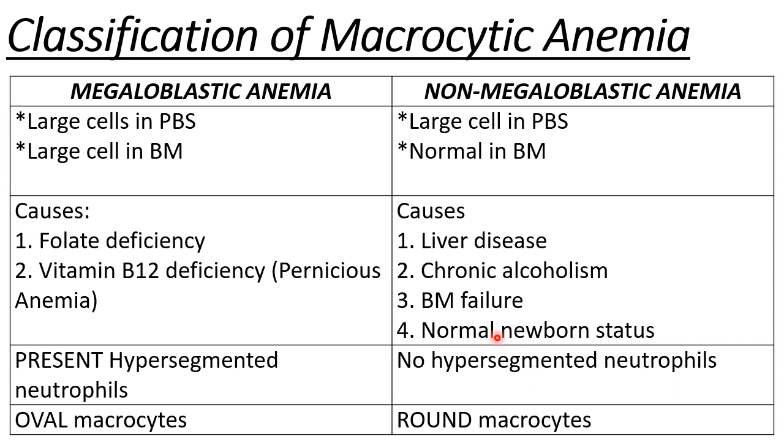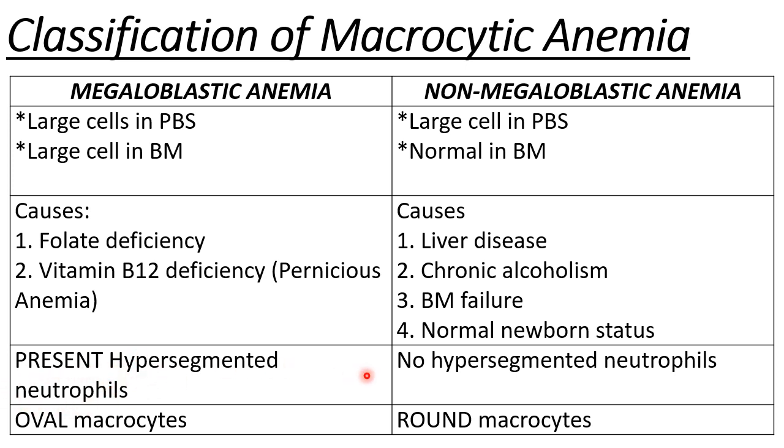Okay, dito naman tayo dun sa presence of hypersegmented neutrophil. Present lang ito dito sa mga megaloblastic anemia. Kasi nga, ang neutrophil hypersegmentation is a sign of an abnormal hematopoietic process. No? Abnormal yung RBC maturation not only in RBC but also in WBCs.